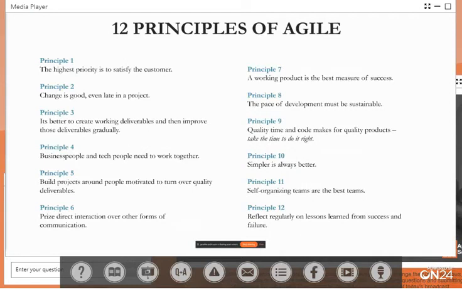Now, the ninth principle is really about taking the time to do things right. It's no good to half-ass something. Again, kind of going back to the seventh principle, these are supportive of each other, complementary.